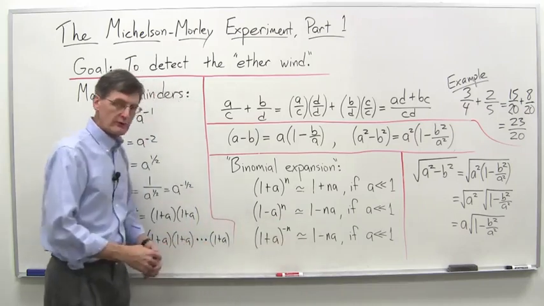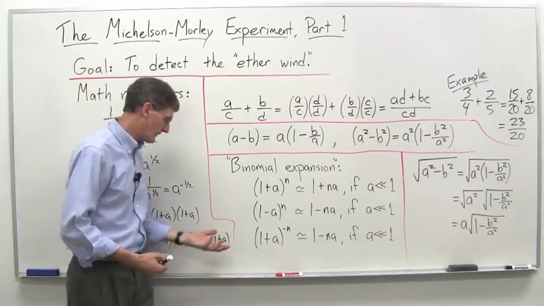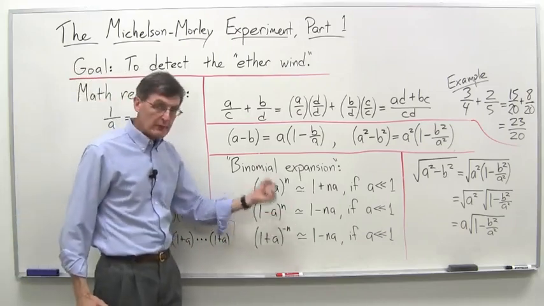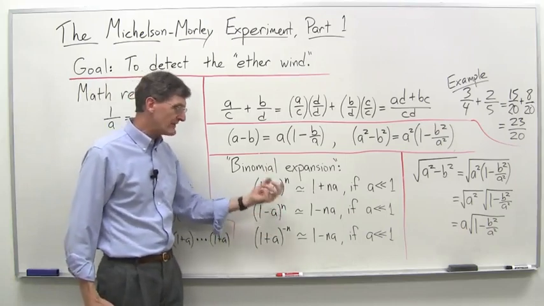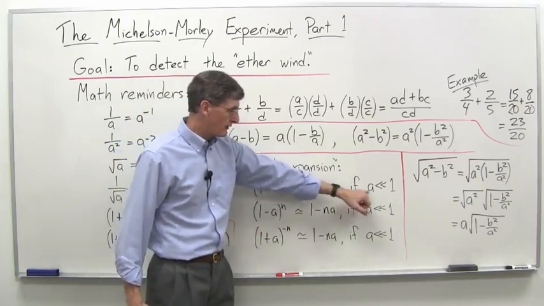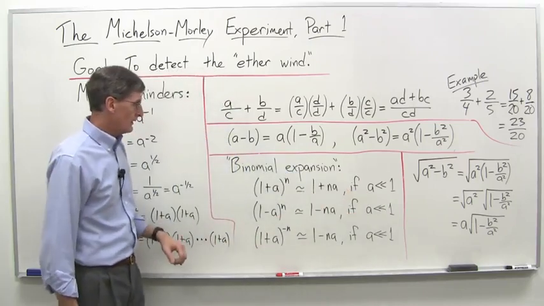And this is known as the binomial expansion. So anytime we can replace a long multiplication with something simple, and remember, it is an approximation, not exactly equal, but close enough usually for what we want to do as long as a is much less than 1.